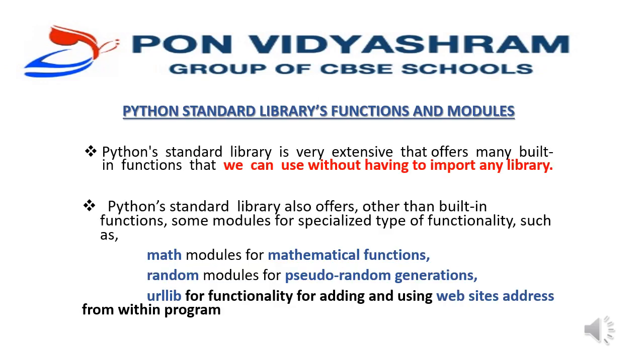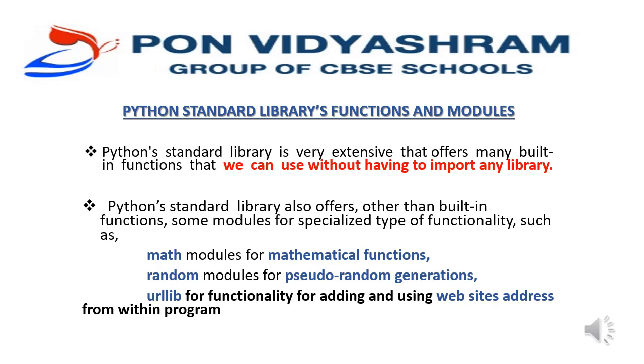In this session we are going to discuss the Python standard libraries, functions and modules. The Python standard library is very extensive and offers many built-in functions that you can use without having to import any libraries. The Python standard library is by default available, so you don't need to import it separately.